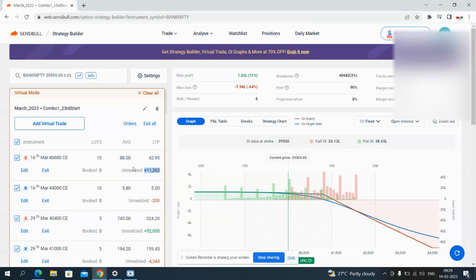Whenever there is a downfall, VIX will increase, but whenever there is a reversal, VIX goes down and premiums also go down. We'll take that advantage because we are selling from the CE side. When the market falls, there will be some increase in the premium also sometimes because of the increase in the VIX.